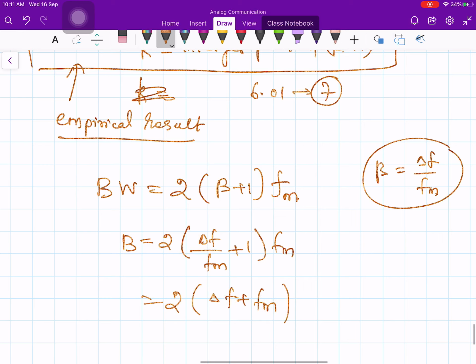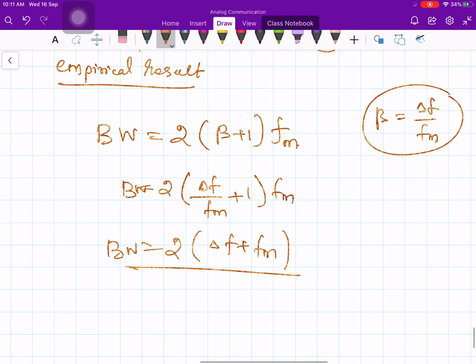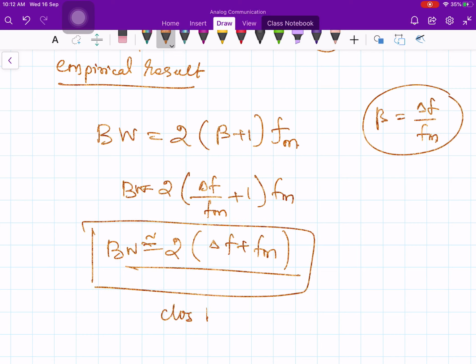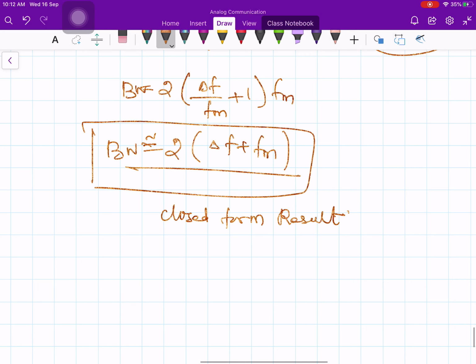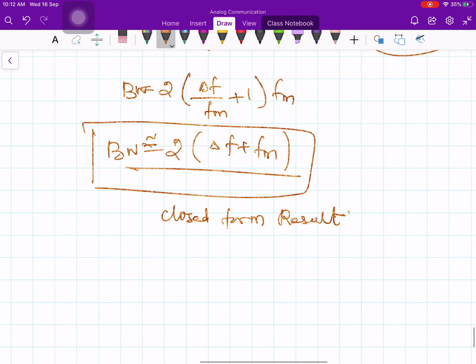So this is my bandwidth, and this is the expression for the bandwidth of an FM signal approximately. This is not exact, it is approximate. So as you can see, there is a very simple closed form result.